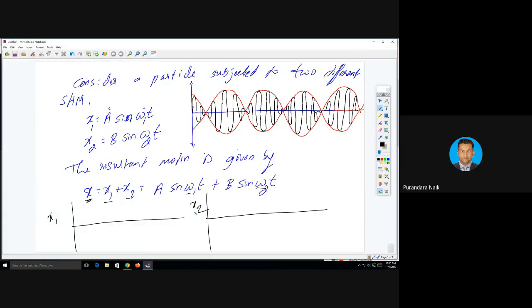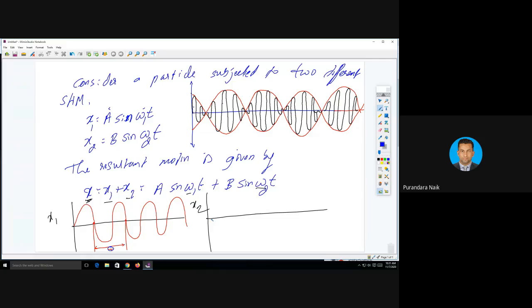Let us consider the first curve, x1, is like this. It is SHM, no doubt, and this is your time for the first loop or one cycle. The second curve I'm going to take here. The t is somewhat different. If the t is different, then automatically the frequency will be different, right?